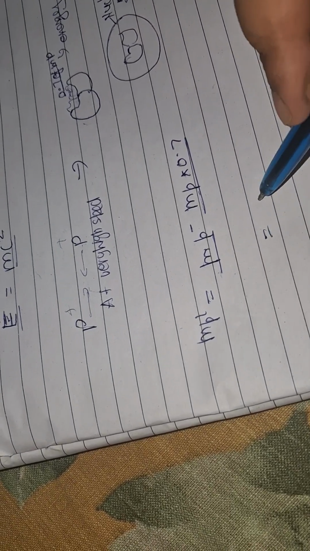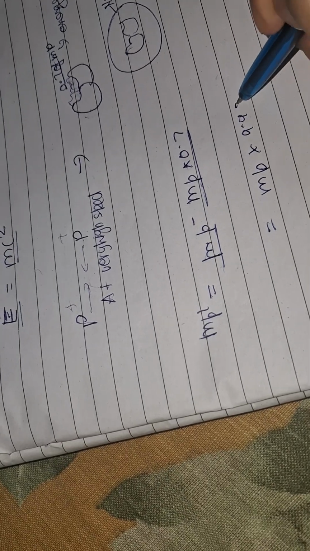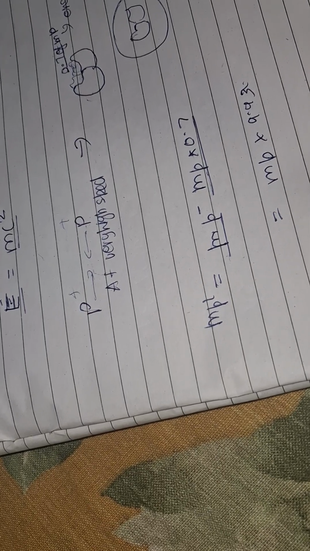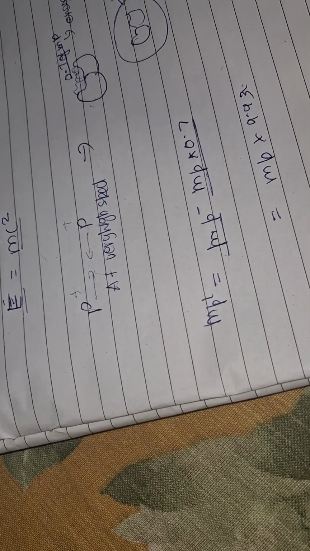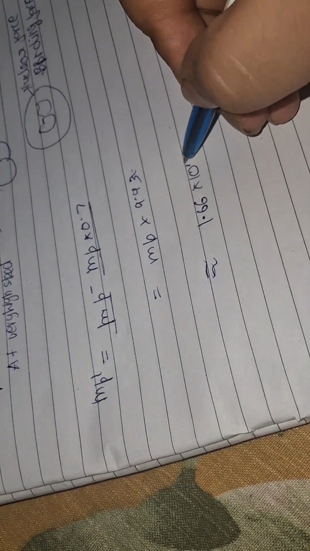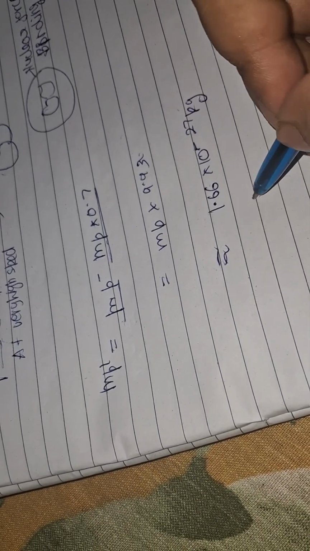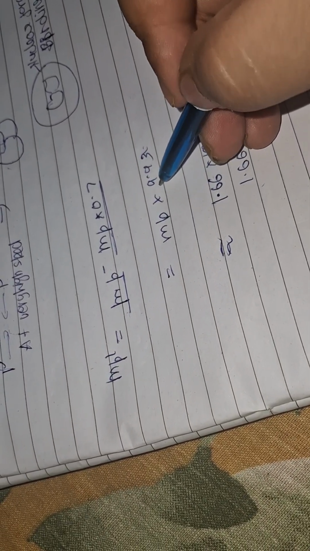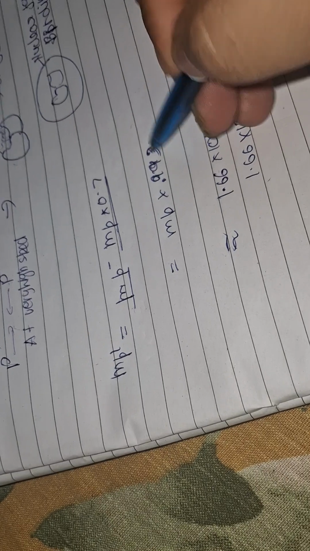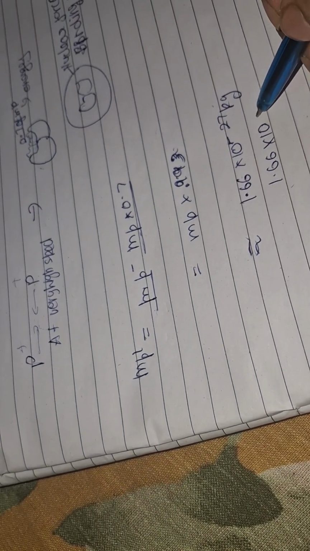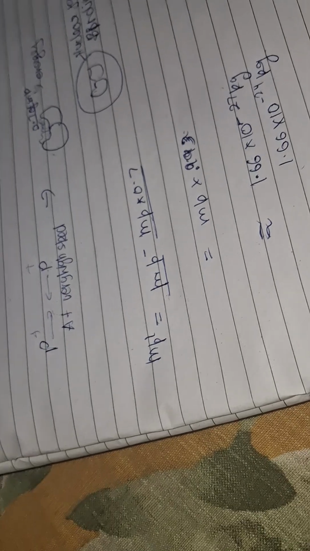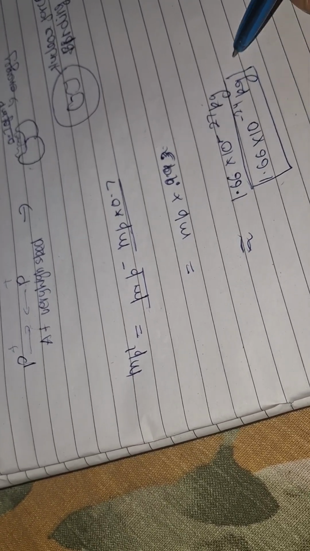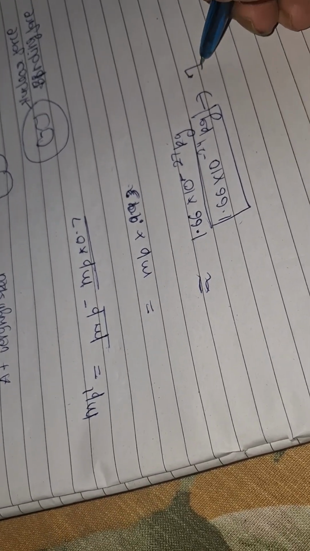If you calculate this, it will be approximately equal to 1.66 into 10 to the power minus 24, or 10 to the power minus 27 kilograms, or 1.66 into 10 to the power minus 24 kilos. Yeah, got it. Now this value right here is 1 AMU.